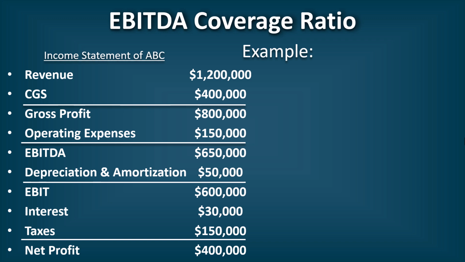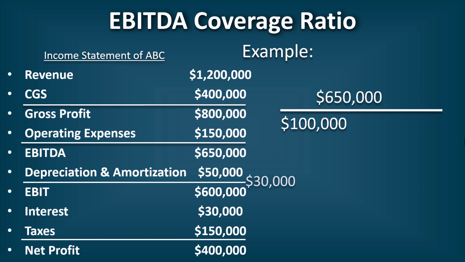Now, for the EBITDA coverage ratio, we need the principal amount of the loan. Let's say the company has a principal loan repayment of $100,000 for the year. So we calculate EBITDA, $650,000, divided by principal amount, $100,000, plus interest expense, $30,000.